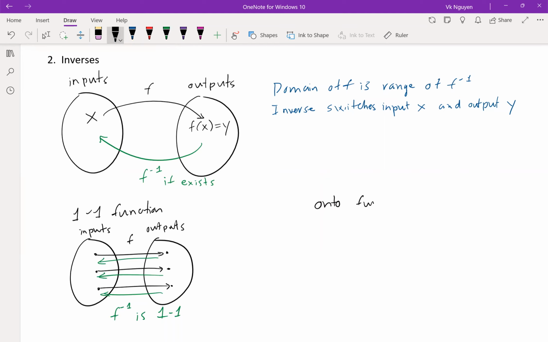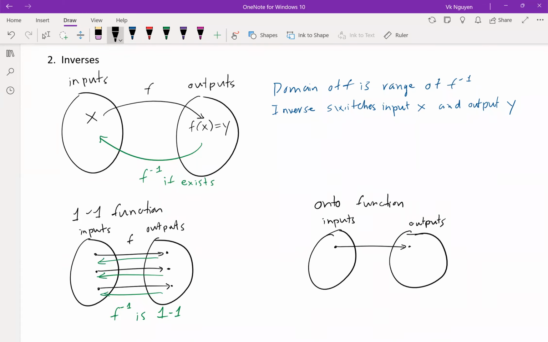Onto function. Similarly, input, output. One input goes to this output. Another input can go to the same output. That is F here.